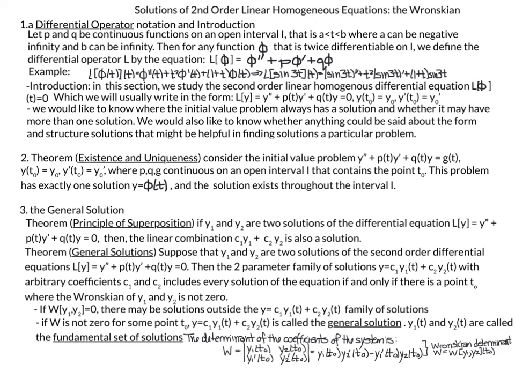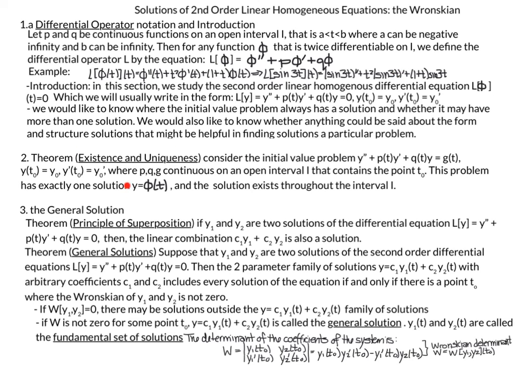When we plug in our function sine of 3t, we get phi double prime, which is sine 3t double prime, t squared times sine of 3t prime, plus 1 plus t times sine of 3t. And of course you would figure out what sine 3t double prime and sine 3t prime are.